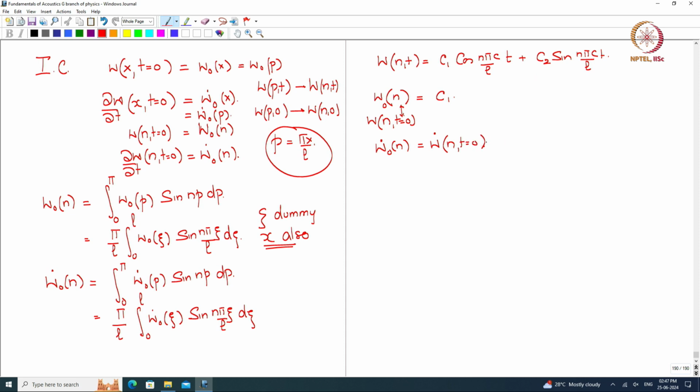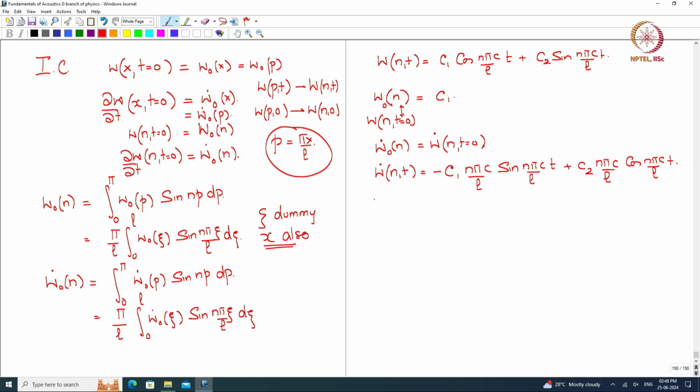If I take the derivative of this, W dot is minus C1 n pi c by L sine n pi c by L t plus C2 n pi c by L cos n pi c by L into t.